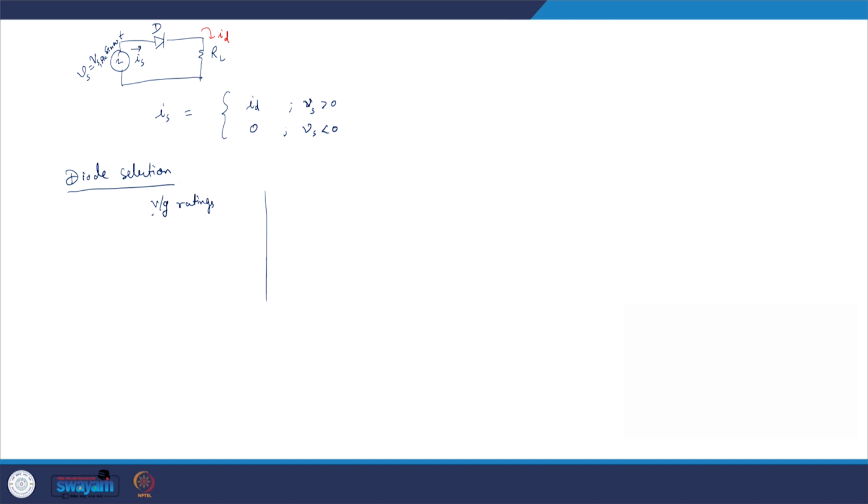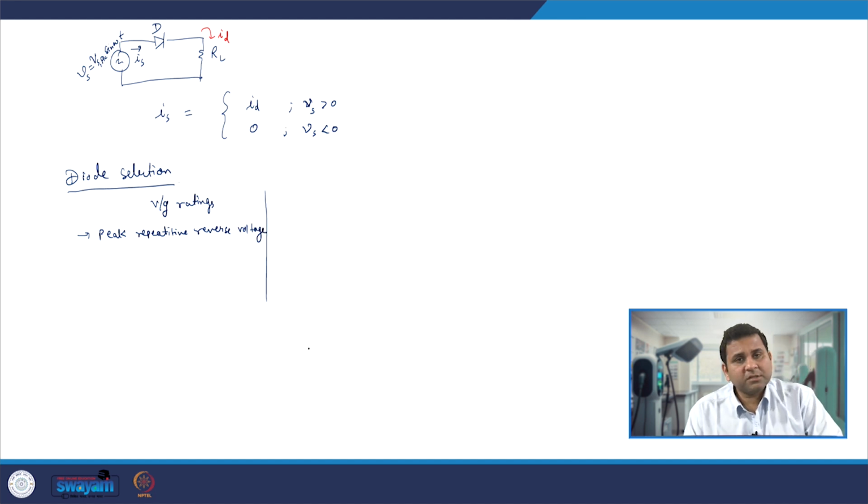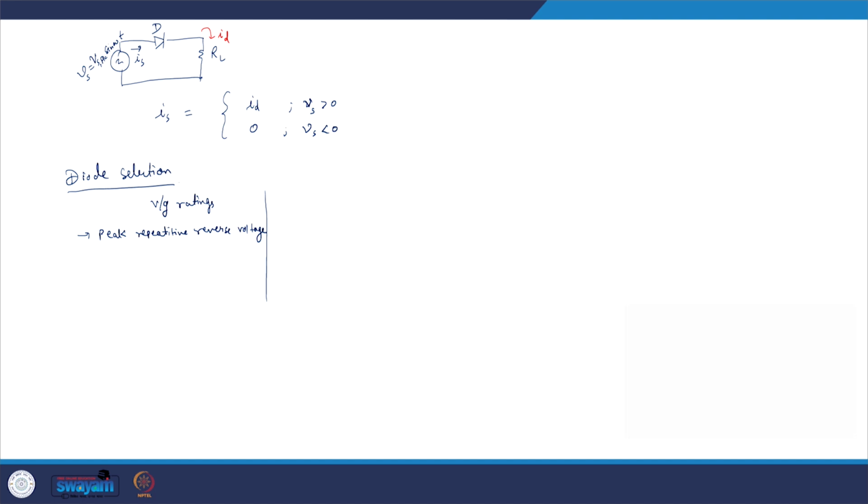Now the first voltage rating is your peak repetitive reverse voltage, which means how much maximum voltage it can withstand, or it can block, and that too when that peak will be in the repetitive form.